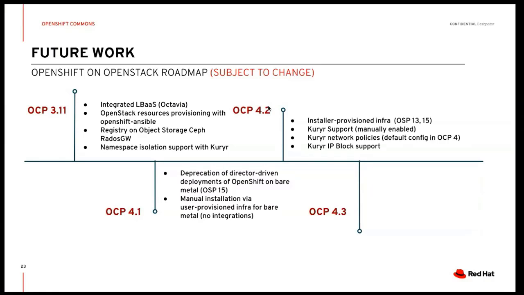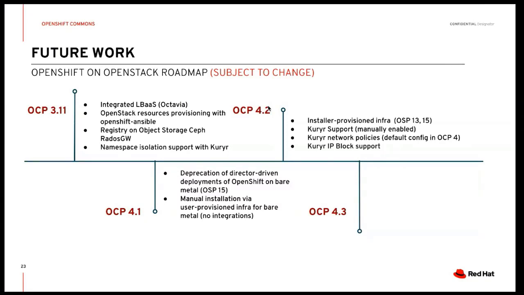I believe that the support for the CSI part of Manila will be added in OpenShift 4.3, which is when we're also supposed to have OCS. But I'm not positive of that, so don't hold me to that.